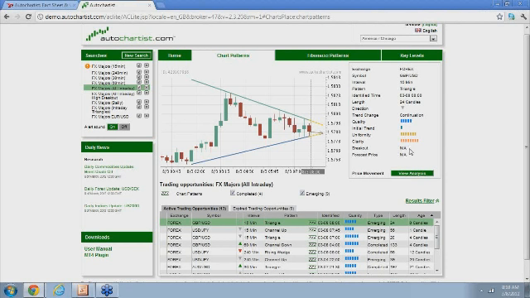Now breakout, which has not taken place yet, is going to show us a rating of 1 through 10 when it does break out of this triangle pattern. And what that's going to measure is the strength of the move through support and resistance, and that's going to show us the direction as well as the strength. So we want to look at something that has a high breakout rating.